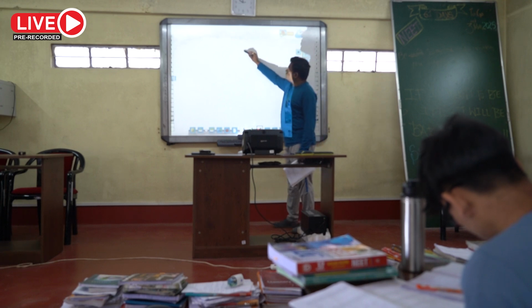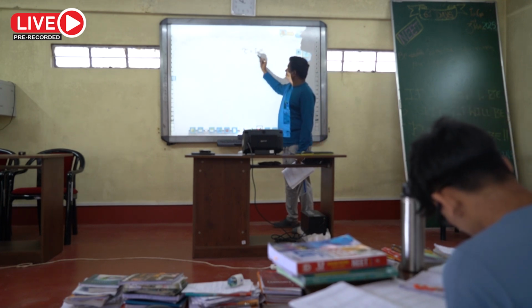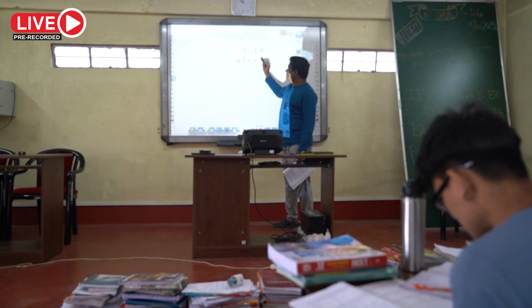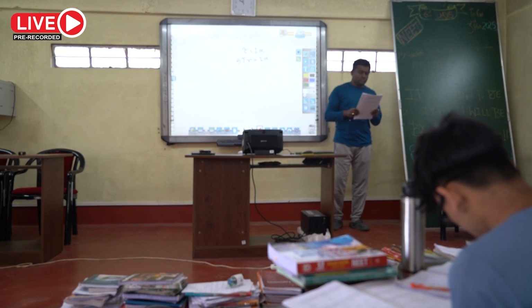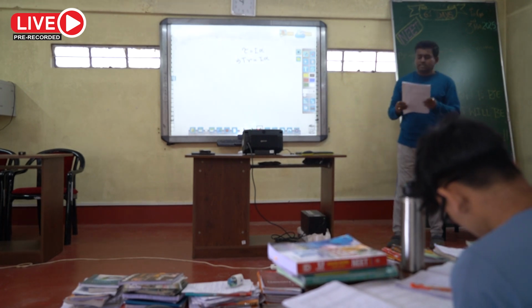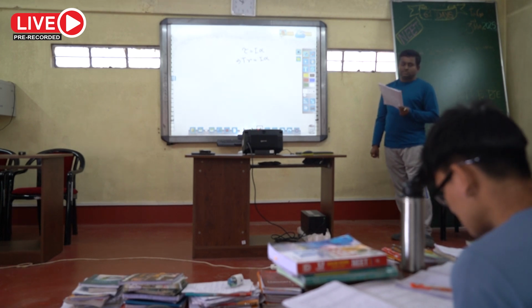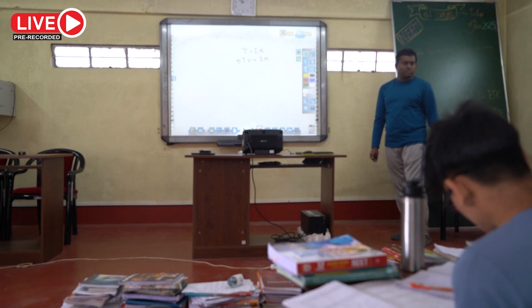See, we know that tau equal to I alpha. Then the tension is producing the torque, so T into R will be equal to I alpha. The cylinder is free to rotate about its horizontal axis. Means the moment of inertia of the cylinder is half mr square.